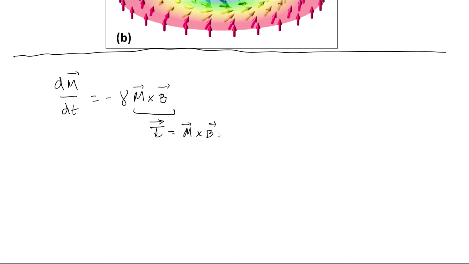Now, if you look at the magnetization, this is the Landau-Lifshitz equation, and we added damping last time.